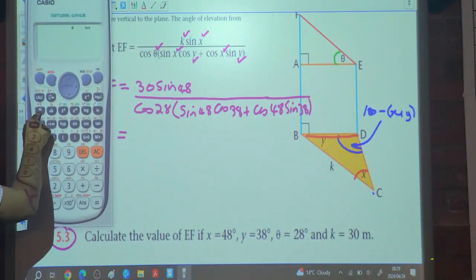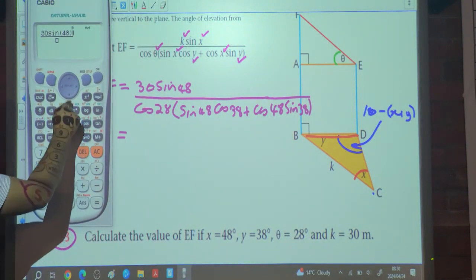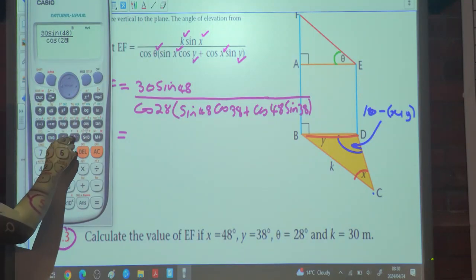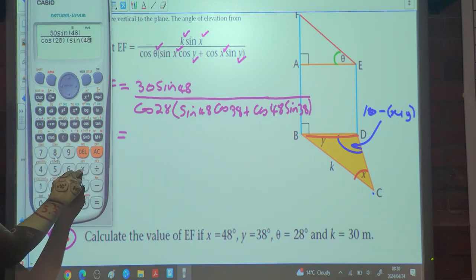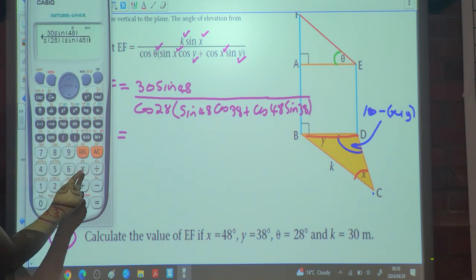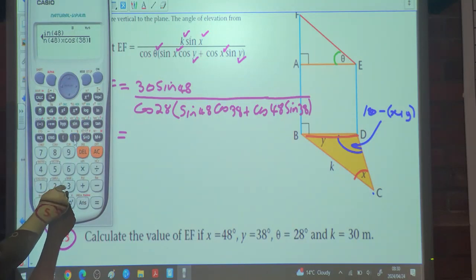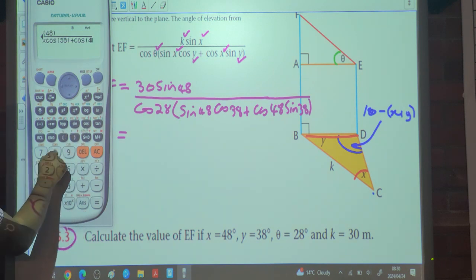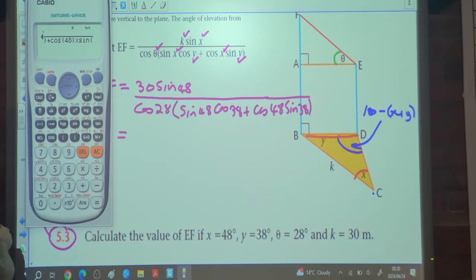So what do I have? 30 sine 48 over cos 28 into sine 48 times cos 38 plus cos 48 times sine 38.